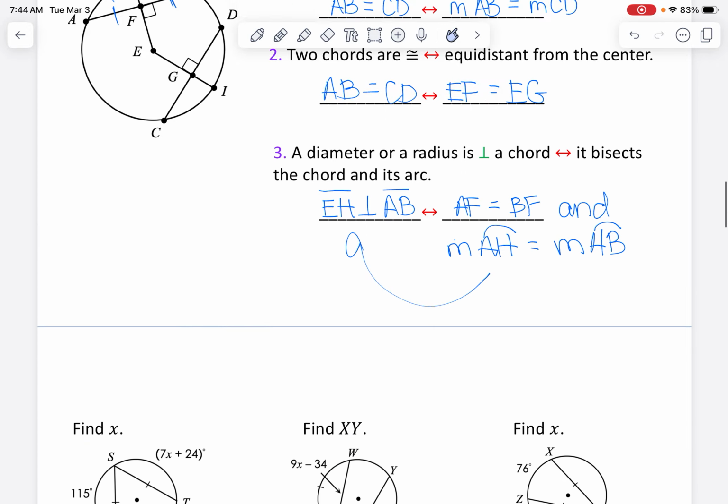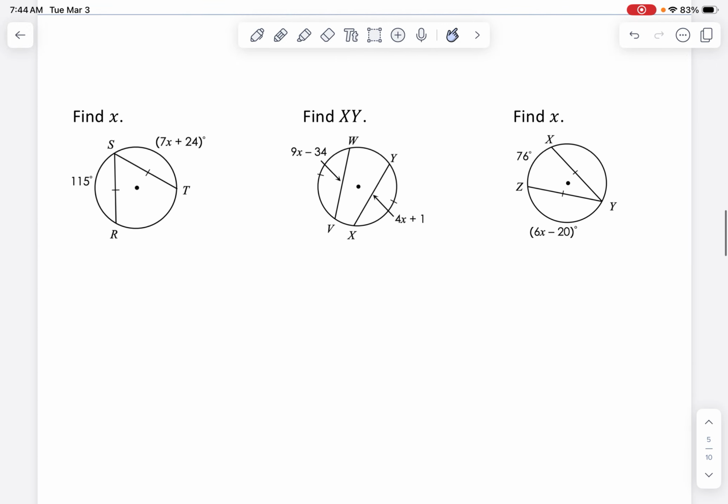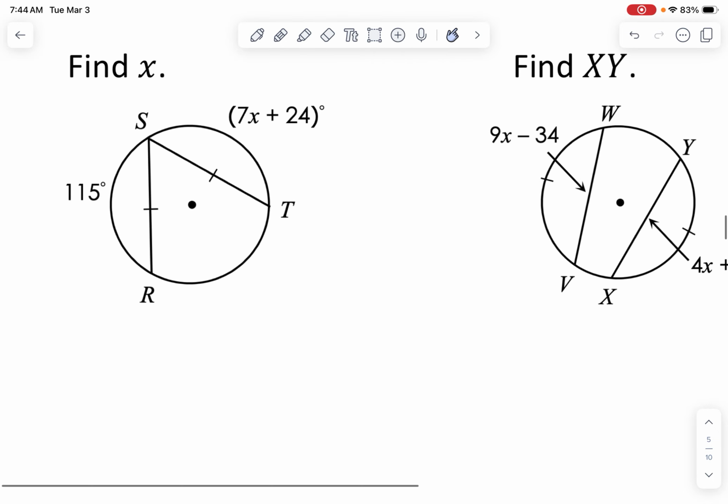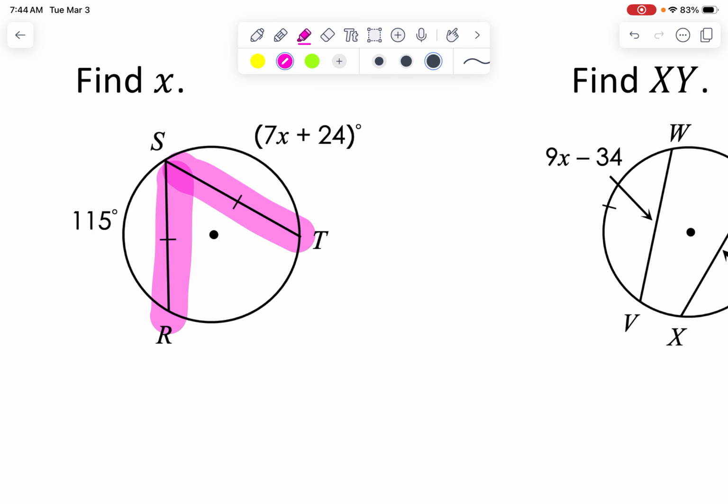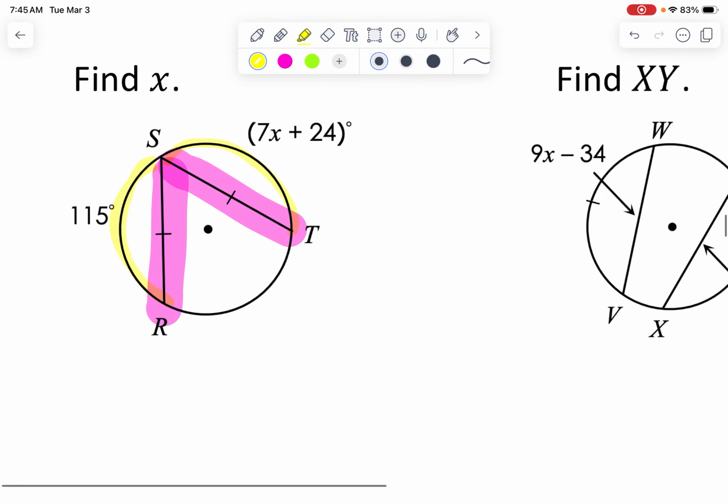Okay, here we go. Let's look at these. We have 3 problems here. Let's just find x. Okay, so we know first that this is congruent to this. So that means this arc has to be congruent to this arc. Okay, that's one of our properties.